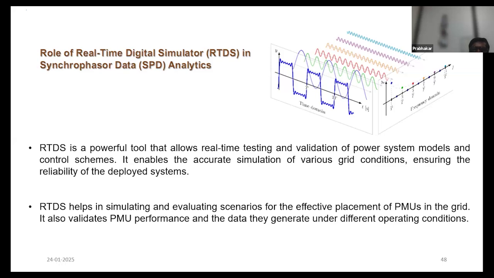You can interconnect it and see how the system behaves. So it also validates PMU performance and the data generated under different conditions, because as the cost is very high as of now, we need to place the PMU in a correct position, so we should consider controllability and observability issues before placing the PMU in the grid.